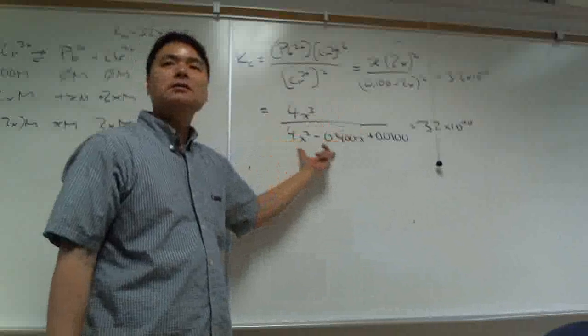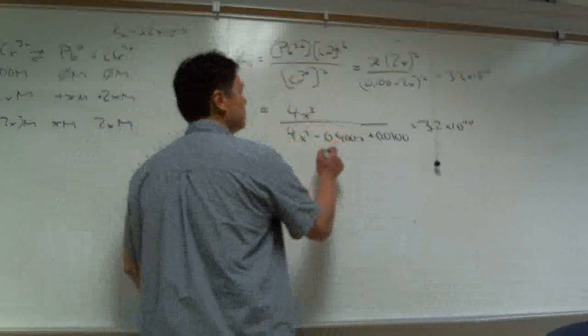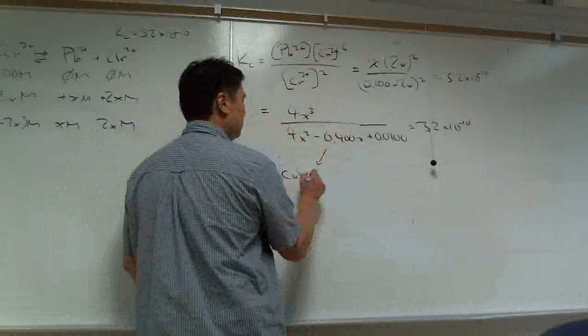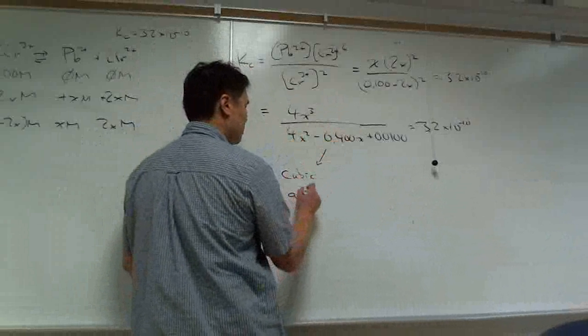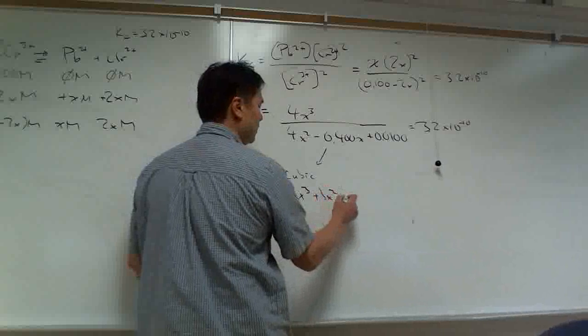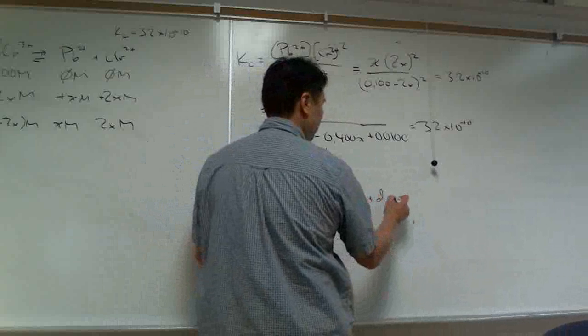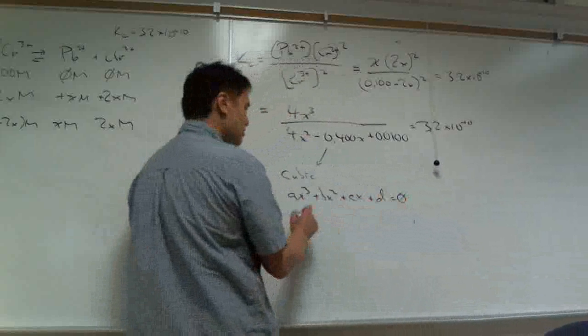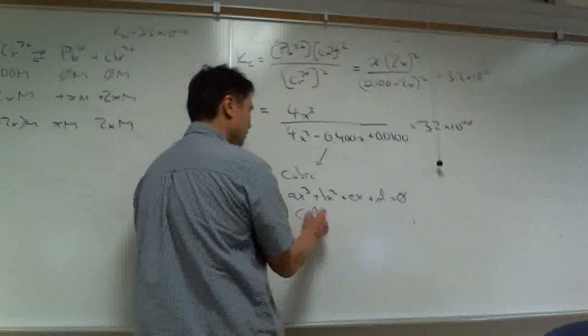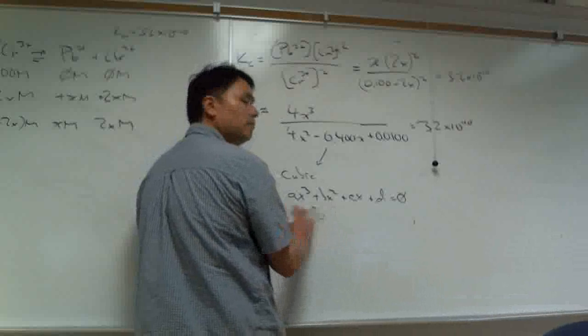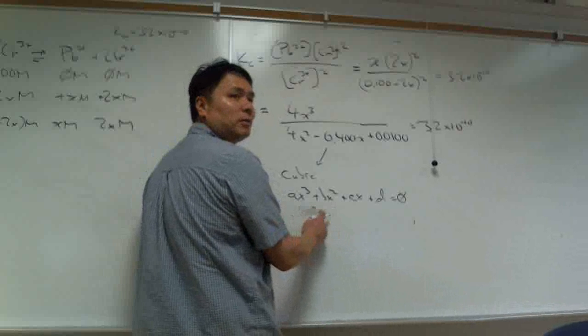You have two choices here. Get it into the cubic, the ax cubed plus bx squared plus cx plus d is equal to 0, and then use your non-programmable calculator.